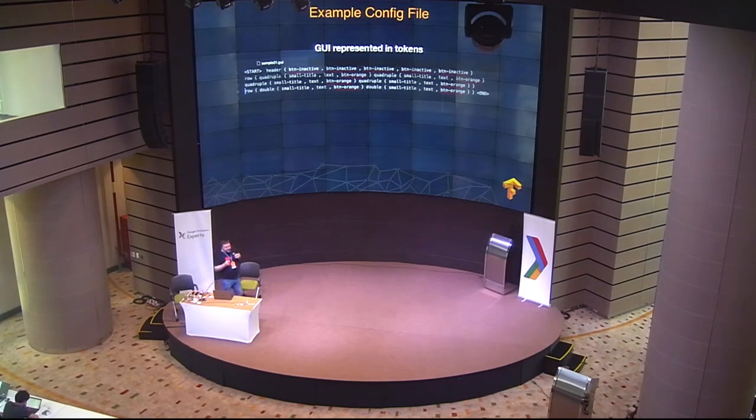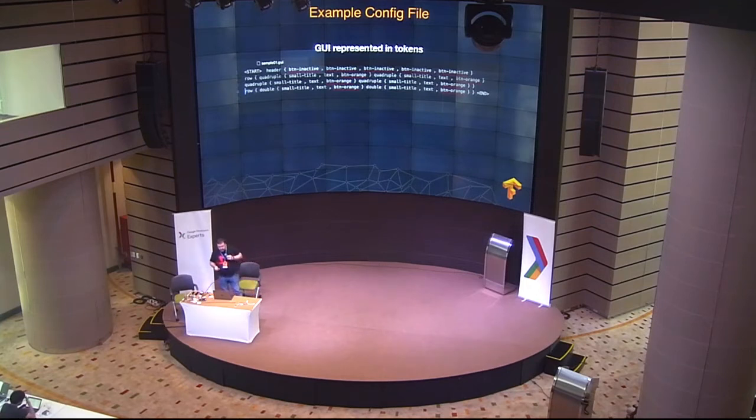You can see we've got some sort of start token, then a header, and some buttons at the top. Notice where the curly brackets are? Each one of those is a separate token. So the model predicts, for example, start, header as a token, curly bracket as a token, button inactive as a token. All these things are individual separate tokens.